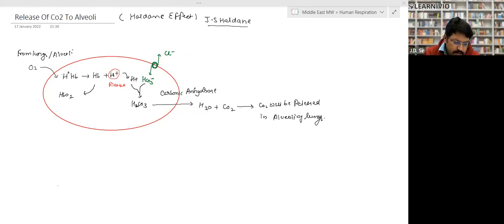Next paragraph. After this, bicarbonate ion reacts with hydrogen ion to form H2CO3, carbonic acid.